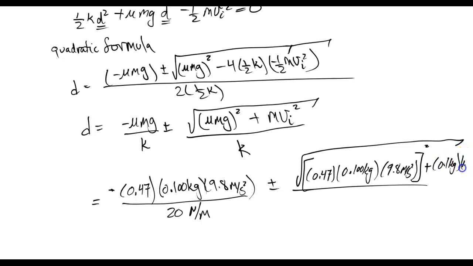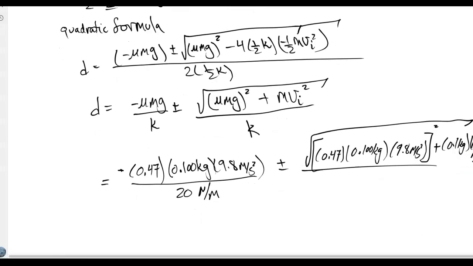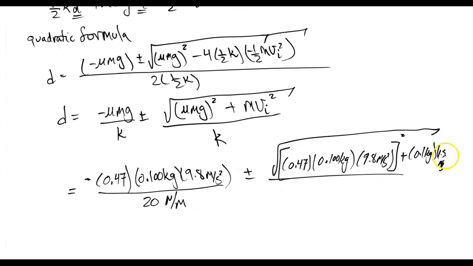Initial velocity is 1.5 meters per second, squared, all over k, which is 20 newtons per meter.